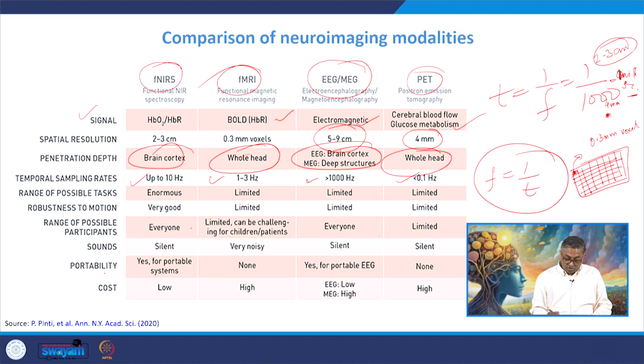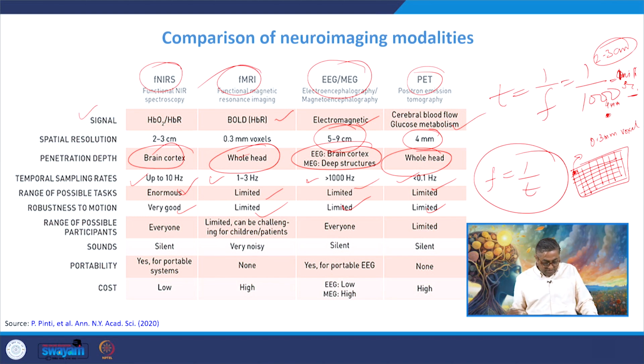Robustness to motion, if we talk about it, is very good for fNIRS. Here fMRI is limited, EEG is limited, and PET is also very limited. Range of possible tasks, fNIRS seems to be a very good tool. fMRI, EEG, PET seem to have a limited task range, not everything can be done.